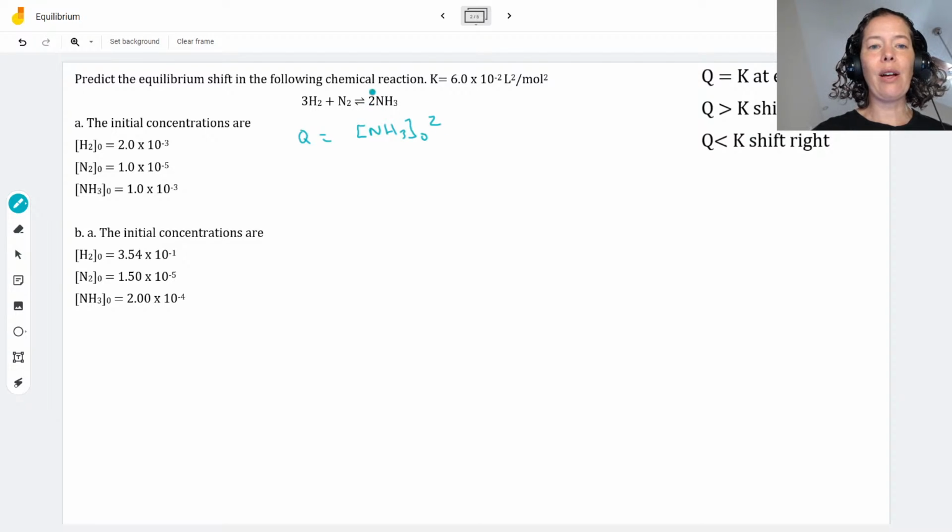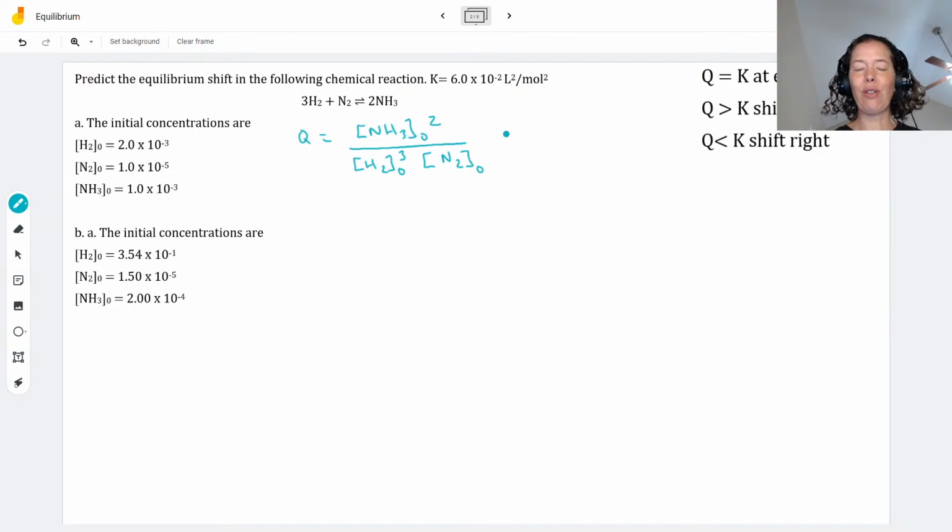Again, this squared comes from the stoichiometric coefficient, and that is over my initial concentration of hydrogen, and that is going to be cubed. Again, I'm looking at my stoichiometric coefficient, times the initial concentration of nitrogen, and that's just raised to the first power because, again, the stoichiometric coefficient there is 1.